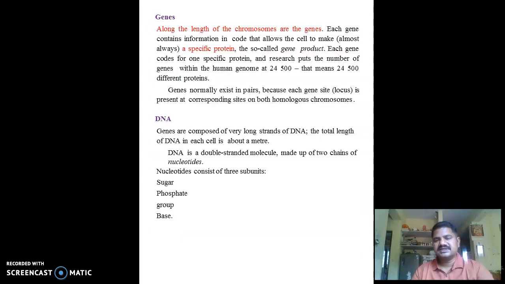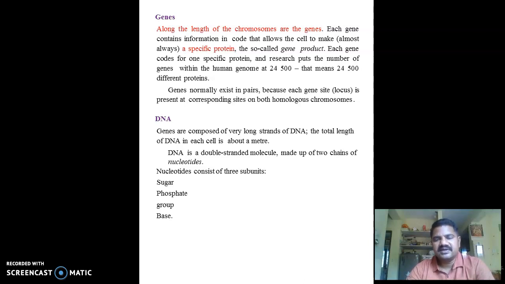Now genes. Genes are present along the length of the chromosomes. All along the chromosome there is presence of genes, and each gene contains information in code that allows the cell to make a specific protein.